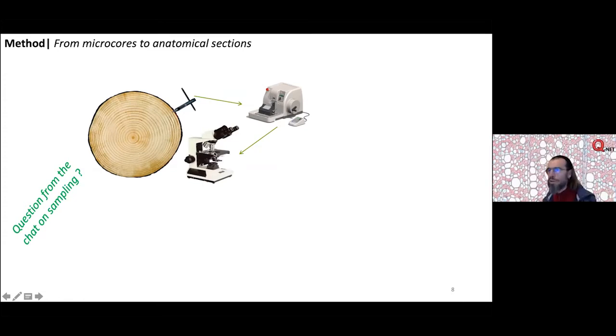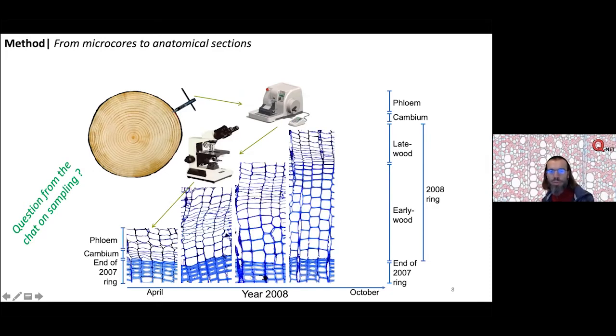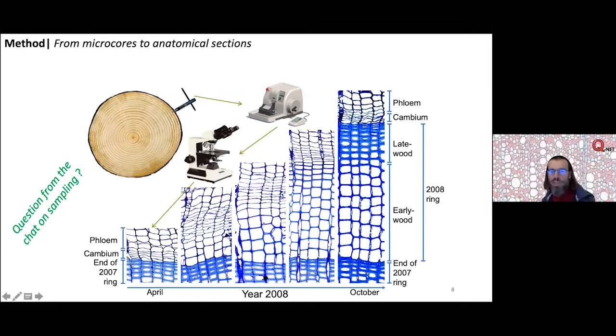And then light microscope observation after staining, but also here there are some new methods emerging. And then the idea is to reconstruct the growth all along the year, as you can see here. So this is a summary with 5 anatomical sections, but most of the time we have between 20 and 40 such anatomical sections.